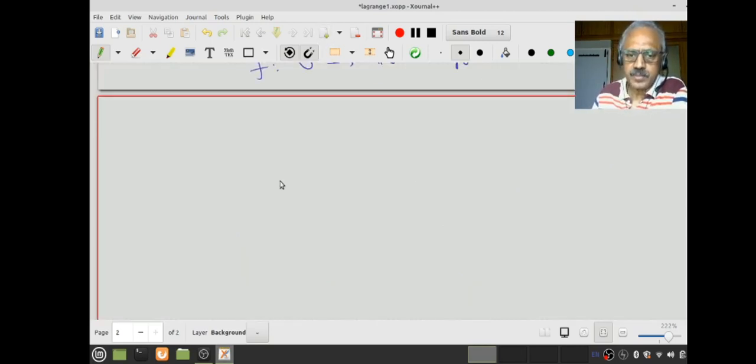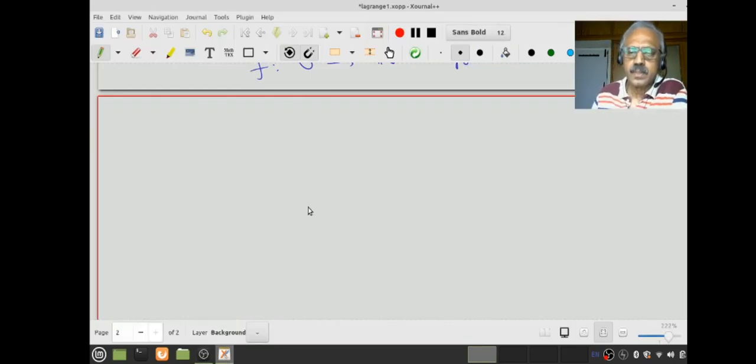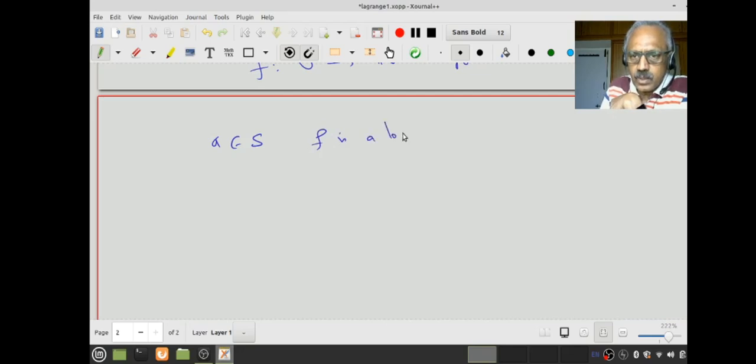Let us assume that a is in S, so that f has a local maximum at a in S. What does that mean?